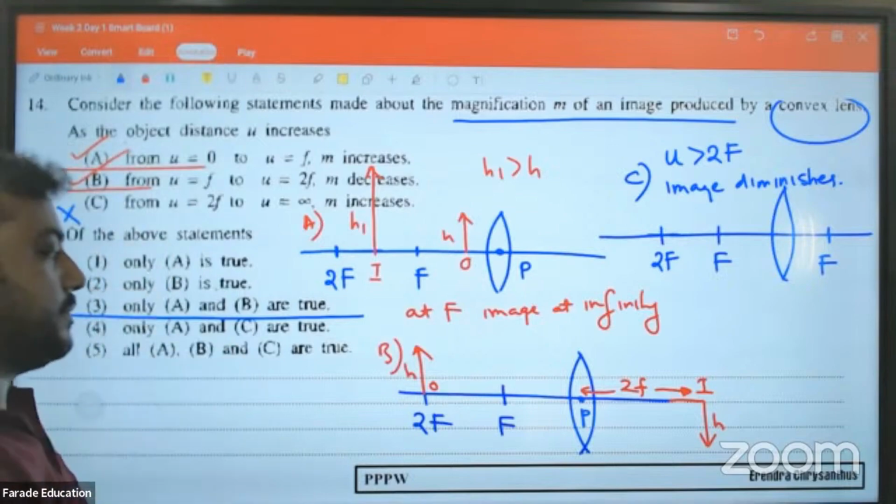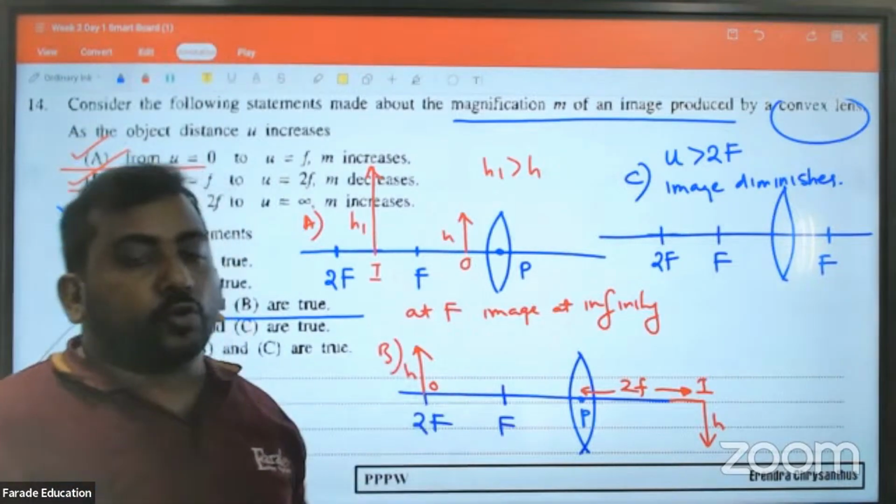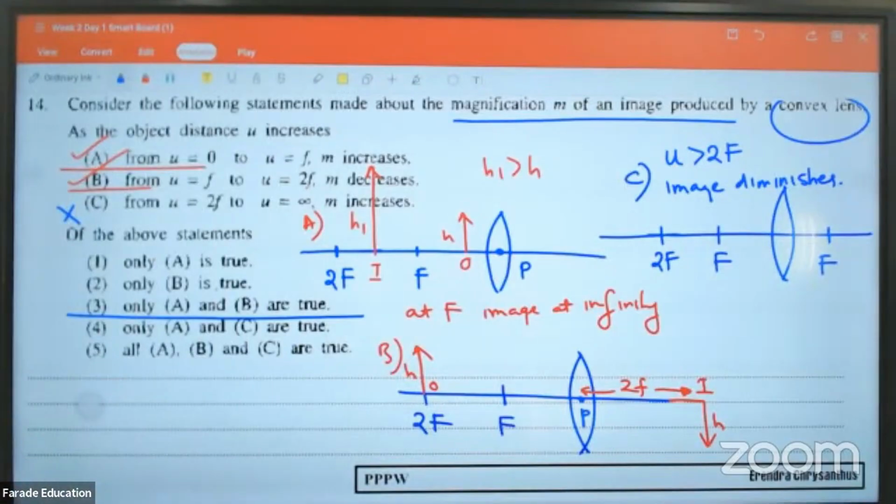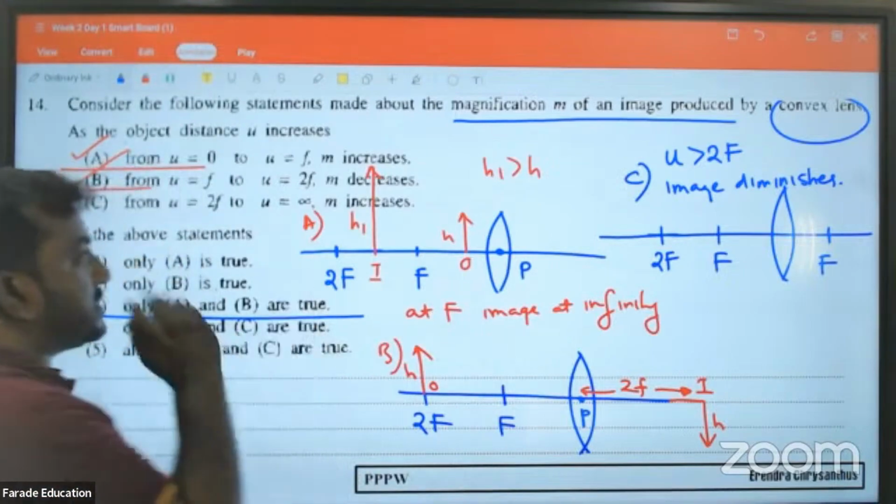Next point. From F to 2F, when we move the object, the image will be real, inverted, diminished images.